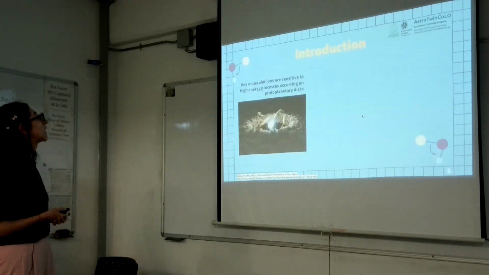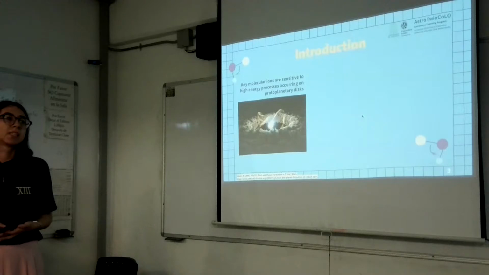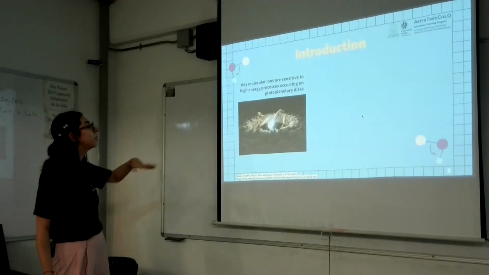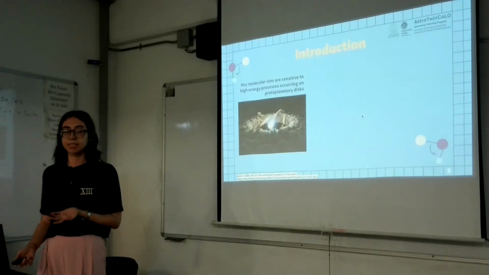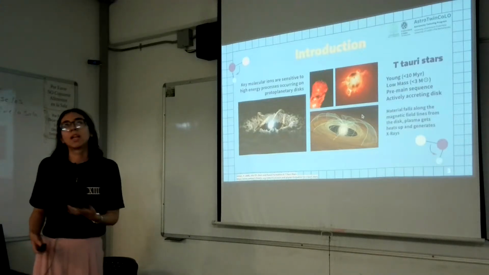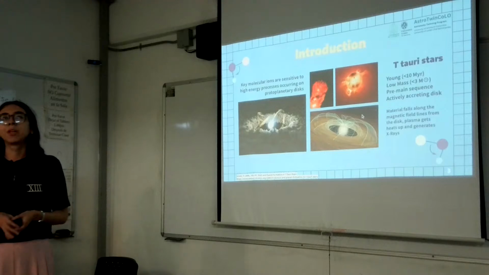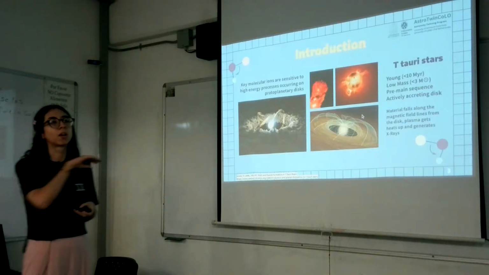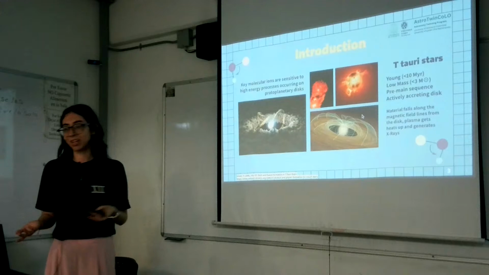The introduction is basically that key molecular ions are very sensitive to high energy processes that are continually occurring on the protoplanetary disk. And right now we have T Tauri stars. These stars are not like the normal ones like our sun, where if we measure the luminosity, we are going to get a continuum over time. This is not the case.